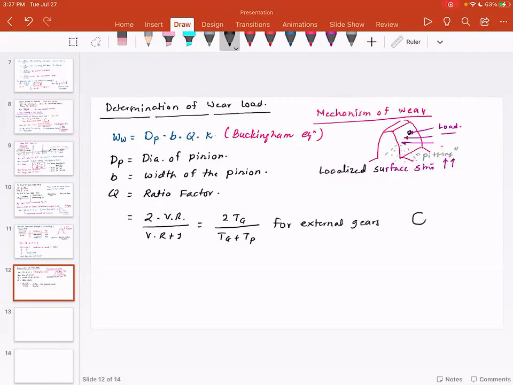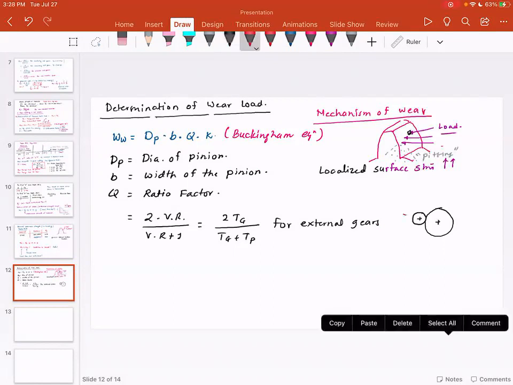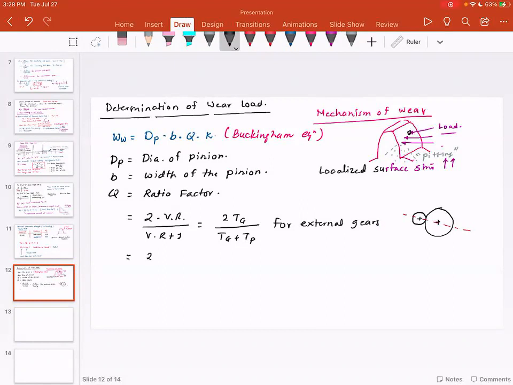So if you have gears like this, you would use this equation for Q. If you have internal gears, Q is 2 times VR divided by VR minus 1.